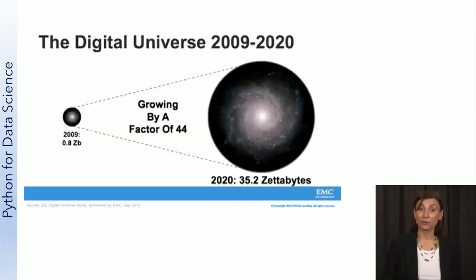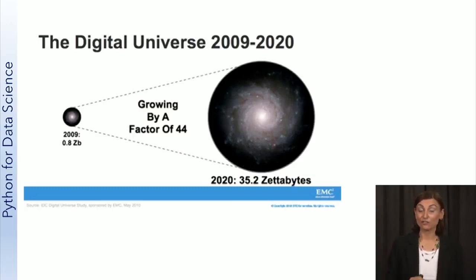According to a report by IDC, sponsored by a big data company called EMC, digital data will grow by a factor of 44 until the year 2020. This is a growth from 0.8 zettabytes in 2009 to 35.2 zettabytes. A zettabyte is 1 trillion gigabytes, that is 10 to the power of 21.